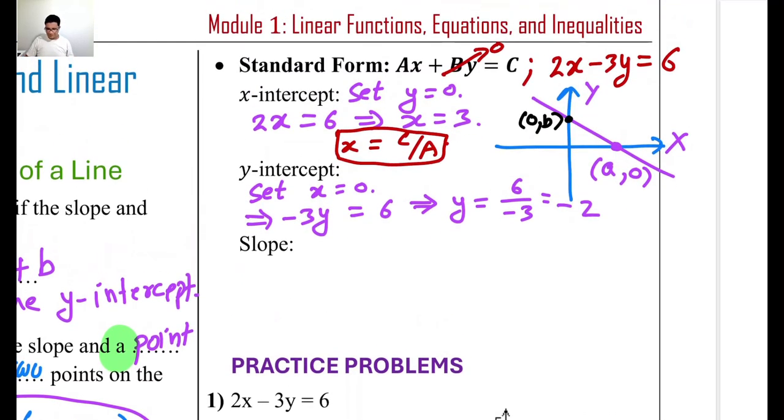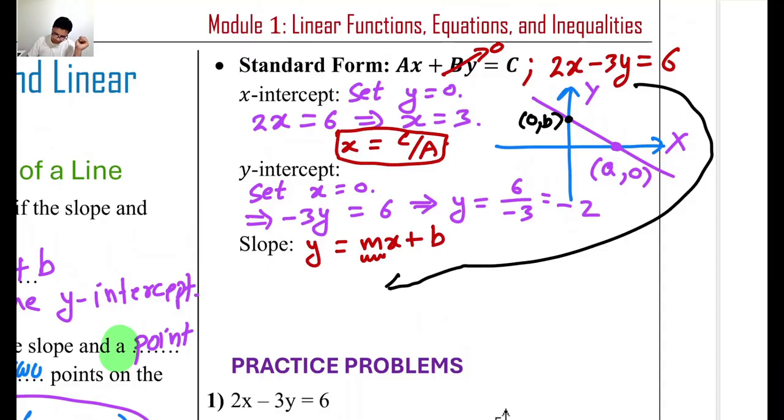Next, slope. Now to get the slope, again, not a formula, but just rewriting the standard form equation to get the slope. The idea is this. When you write it as y equals mx plus b, that m is the slope, right? But the equation that you have right now is not in that form.